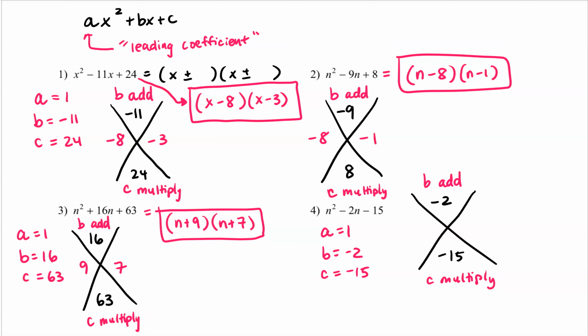Okay, so the two numbers that are going to do that for us are negative 5 and positive 3. Therefore, our original expression will factor into n minus 5 times n plus 3.